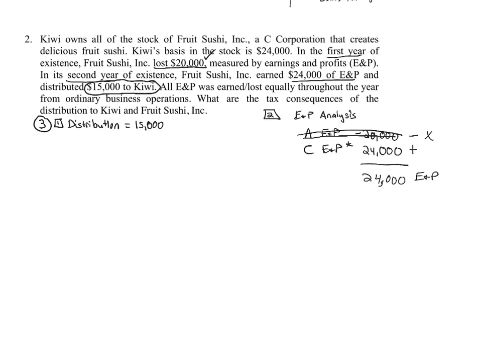So then we go to part 3, our waterfall. One is dividend to the extent of E&P, earnings and profits.